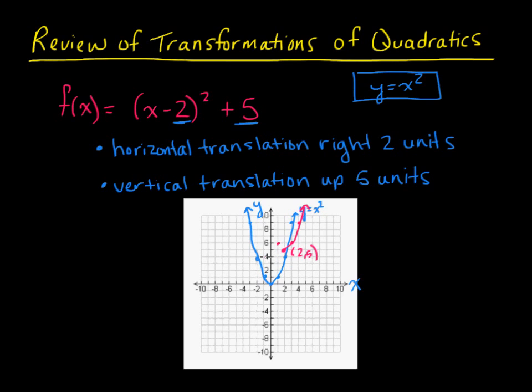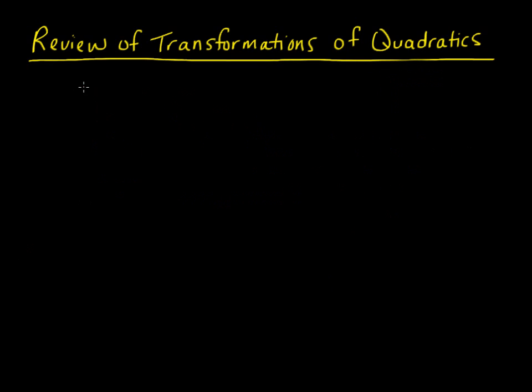And same thing with this point here, to the right 2 and up 5. Here's the other half of our parabola. Again, let's make sure that we label with the equation. Okay, so there's an example to remind you of how to do horizontal translations and vertical translations.